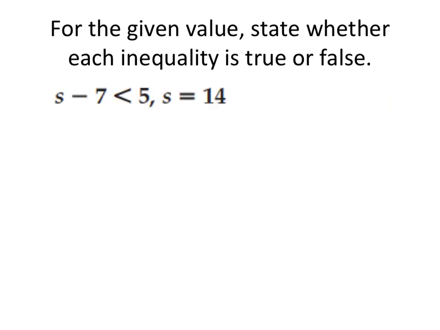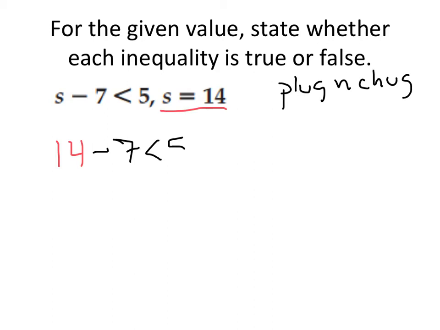Alright, for the given value, state whether each inequality is true or false. This is what we do with equations, a plug and chug situation. So I'm going to substitute 14 for wherever there is an S. So I have 14 minus 7 is less than 5.